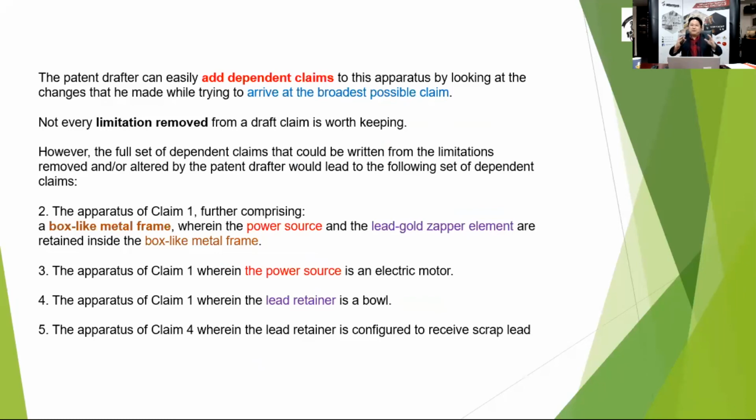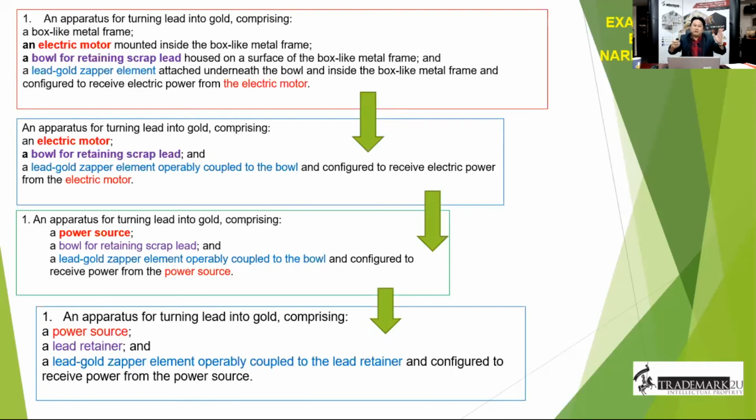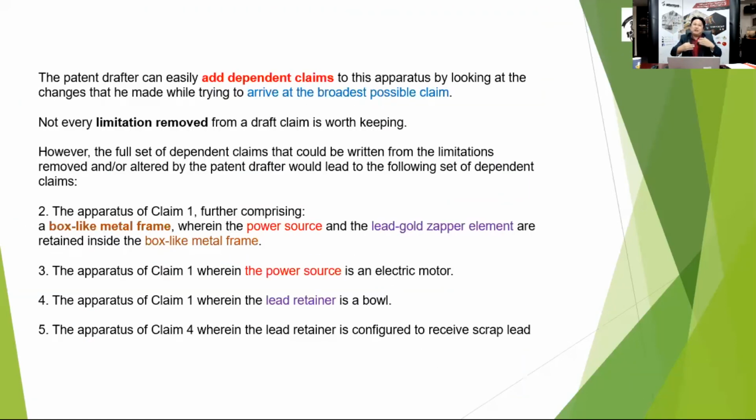Now, when you draft your first independent claim, as I mentioned earlier, you can add on dependent claims to the independent claim. Example here, number 2: a metal box wherein the power source and the lead zapper are retained inside. Then, apparatus as per claim 1 wherein the power source is an electric motor.